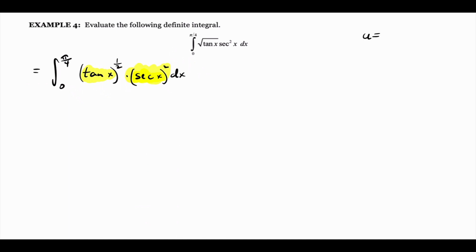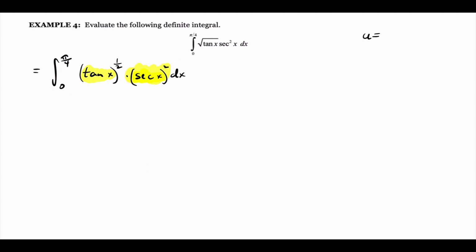Pick a u that if I were to find the derivative of it, it's also in there. If I were to pick tangent, what's the derivative of tangent? Secant squared. Boom, that one's in there. That means it'll cancel out. If I pick secant, what's the derivative of secant? Secant tangent.